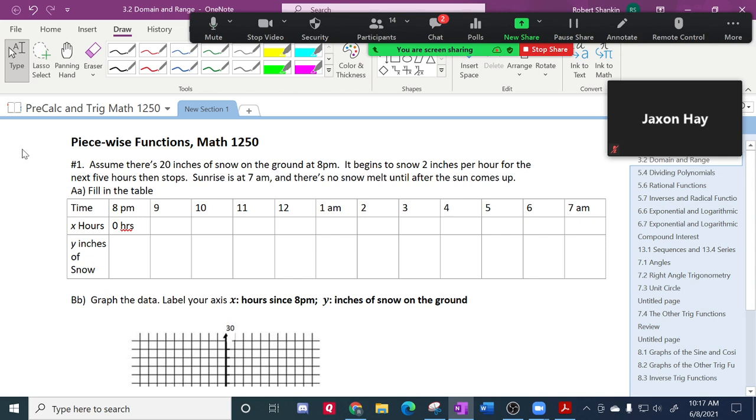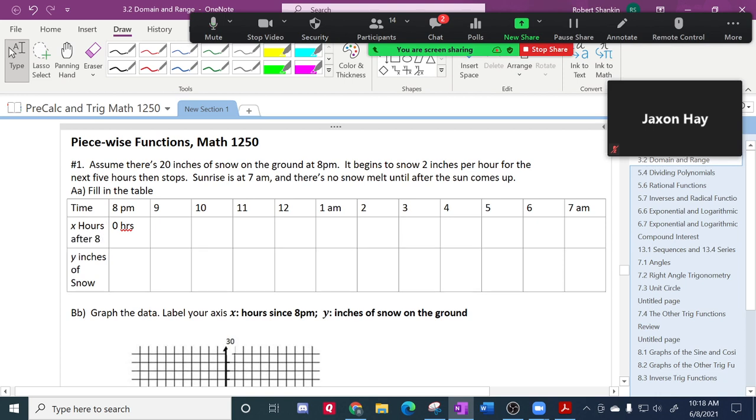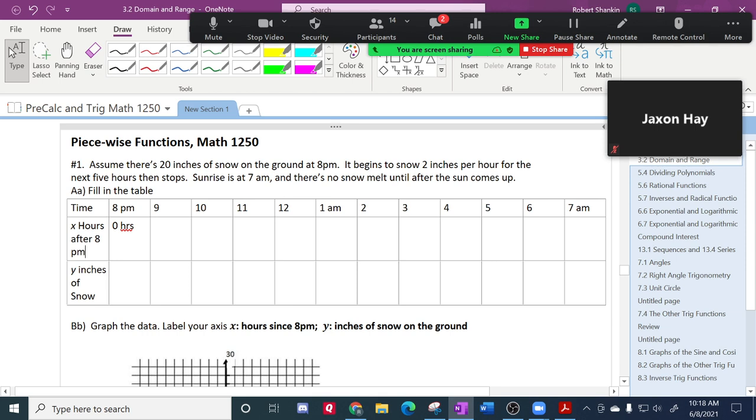So, when the time is 8 p.m., X, remember that it says begins to snow, X is going to be 0. So X must mean the number of hours that have transpired after 8 p.m. Hours just after 8 p.m. is what this is really meaning.